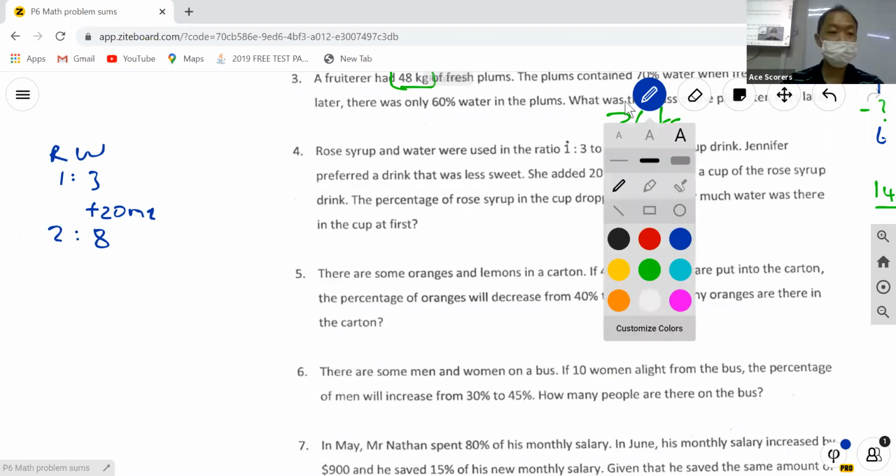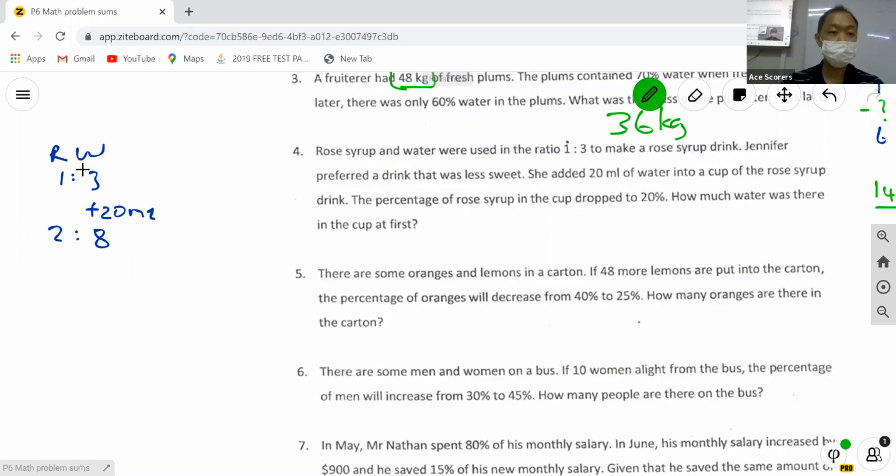The top ratio must times 2. So if I multiply by 2, we get a new set of ratio, which is 2:6, right? And then here becomes 2:8. And here is plus 20 ml.